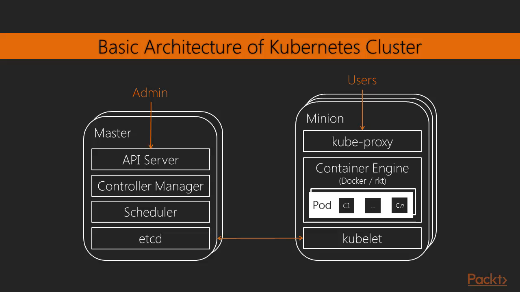You have a kubelet, which is responsible for managing the container engine and for managing the pods and containers that run within this container engine. And it's the master node that talks to the minions via the kubelet. So at the heart of the minion, you have a container engine. Usually there's the container engine Docker, but you could also use Rocket as a container engine. And the container engine is then responsible for running the pods and the containers.